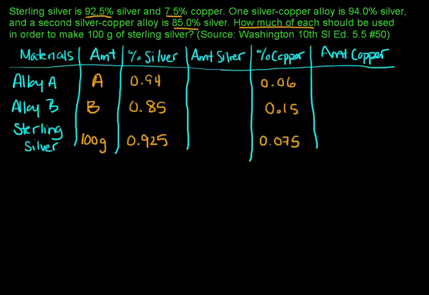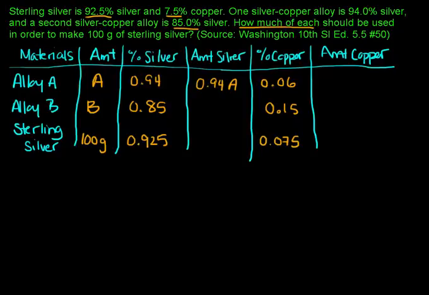The difference here is that we don't know how much of alloy A we're using yet. So instead of having a number in this column, we're just going to write 0.94A. And this is the expression that will give us the amount of silver in our alloy depending on how much of the alloy we have.